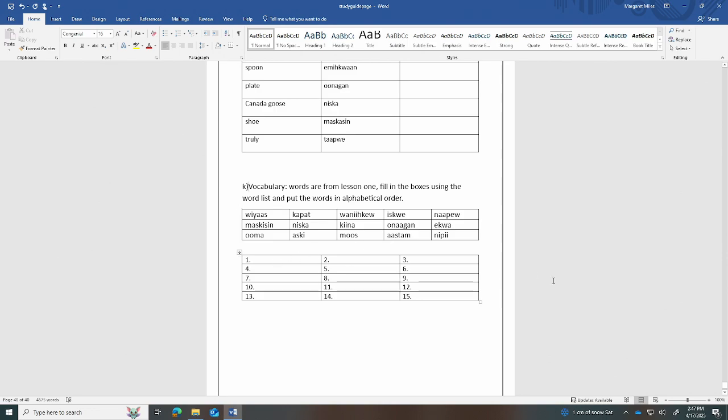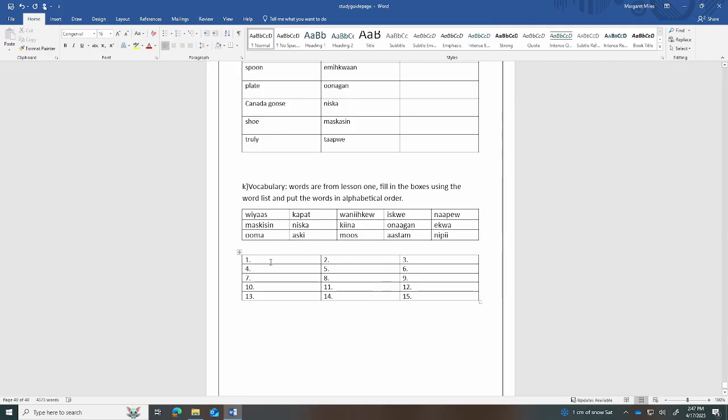There are numbers 1 to 15 in the chart. So you will put these words into the chart in alphabetical order. So for number 1, you would look on the list. Number 1 would be Astam.